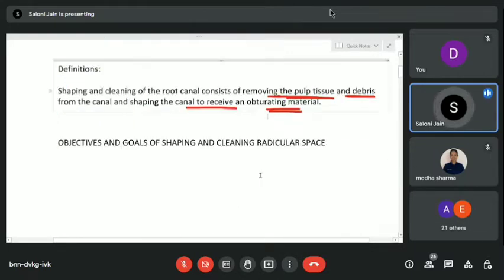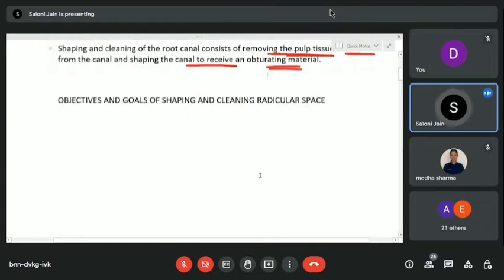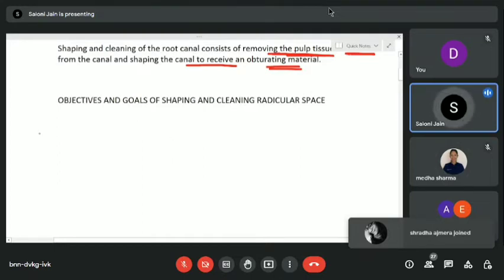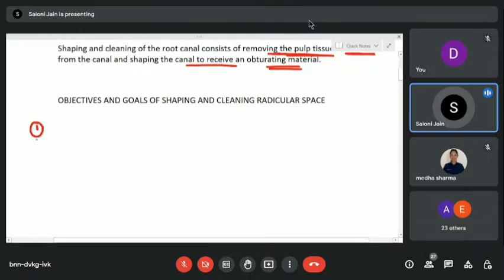Then you have some goals of shaping and cleaning. The major objectives are, firstly, as the definition says, removing or debriding the infected debris or the pulp tissue, that is, to debride and disinfect the root canal.